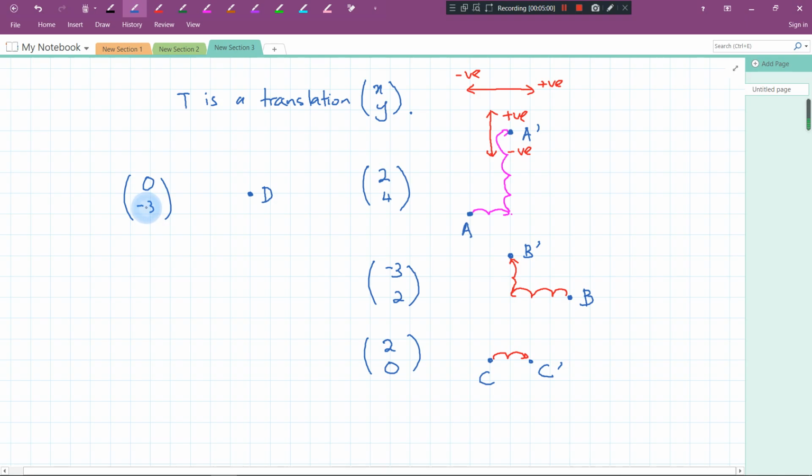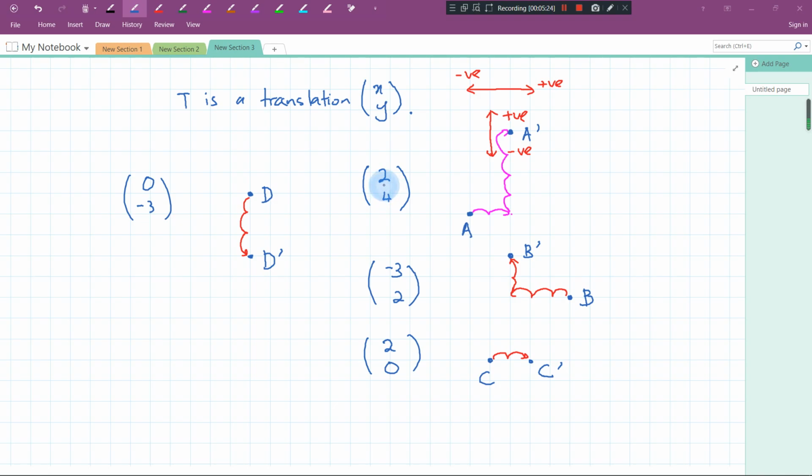It means move downward 3 units. 1, 2, 3. So this is the image of point D. So this is one of the ways that we describe a translation.